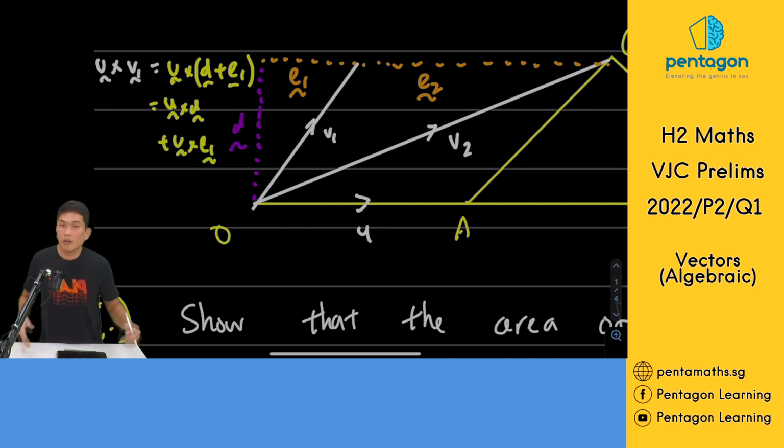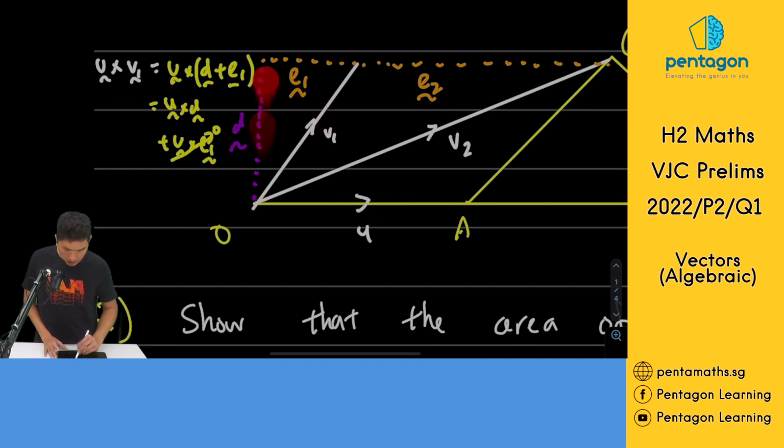Because U and E1 and E2 are parallel, U cross E1 is 0. So U cross V1 is as good as just U cross D.